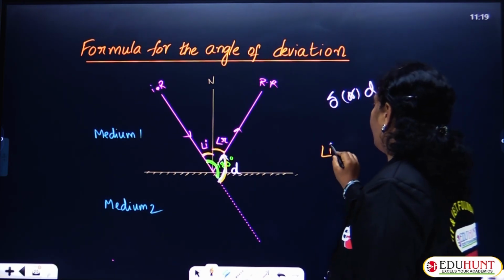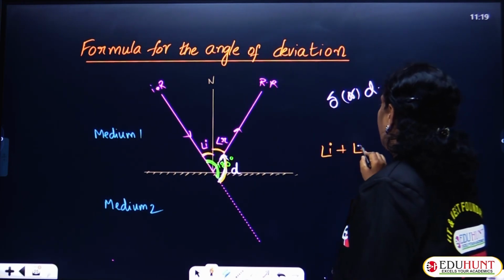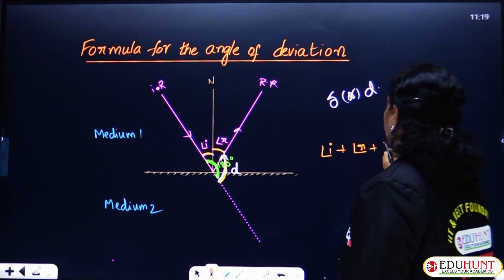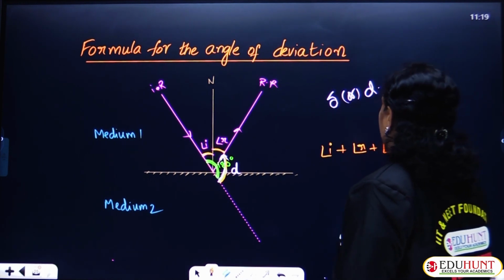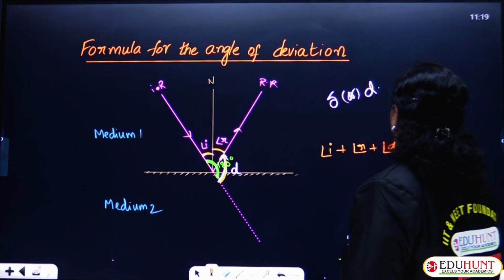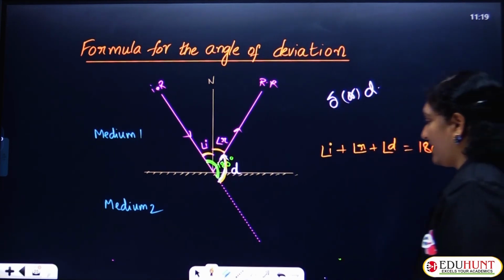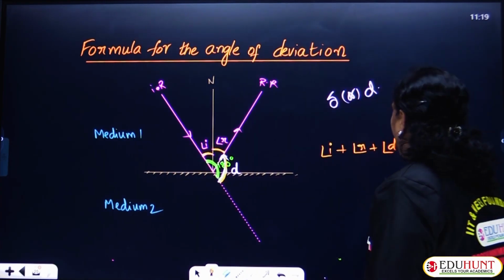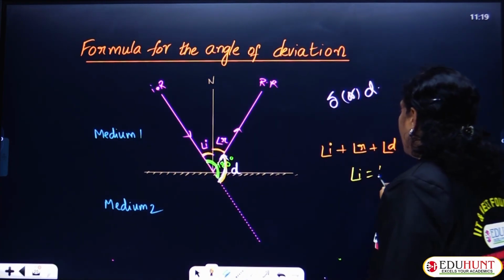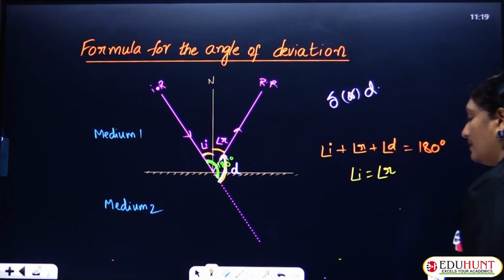So, we observe from the picture that I plus R plus angle D must be equal to 180 degrees. But from the laws of reflection, we know that angle I must be equal to angle R. Okay.